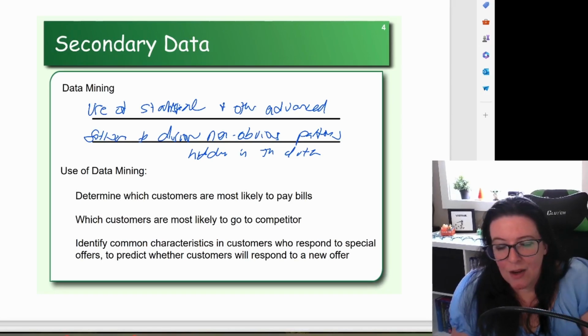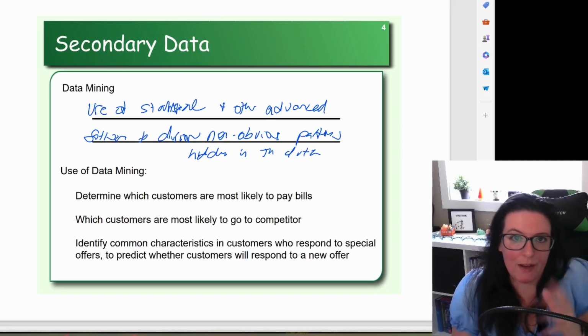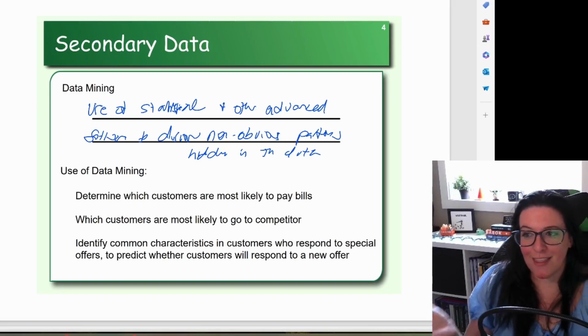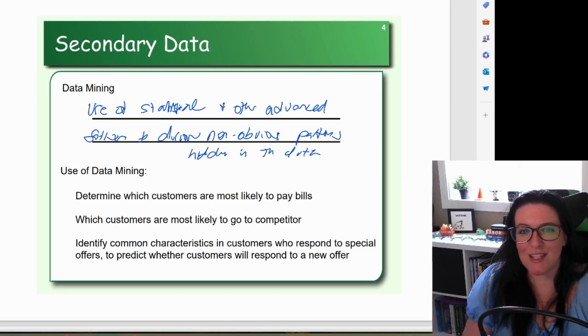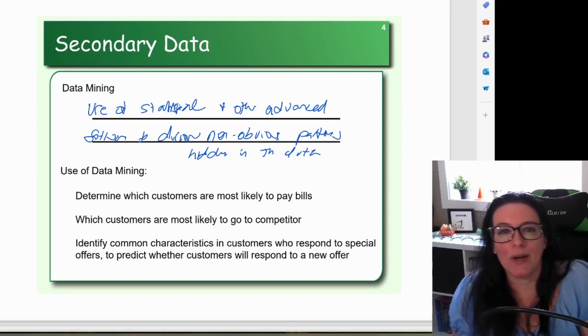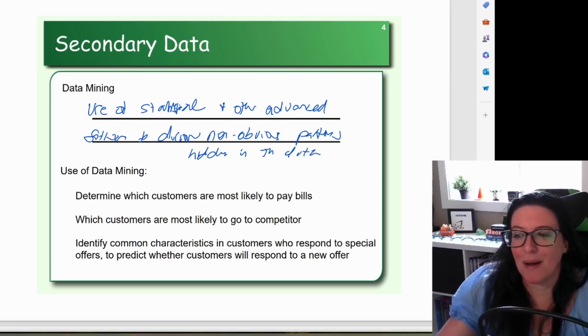So we will have videos on those processes. For the next couple of videos, though, we're just going to focus on some external data sources, and then later on we'll get into analyzing that secondary data that was collected by others.